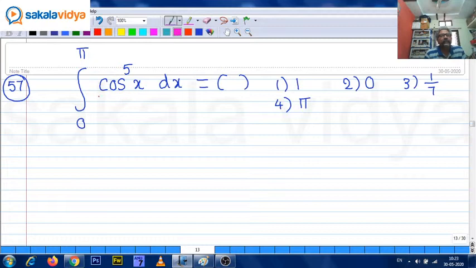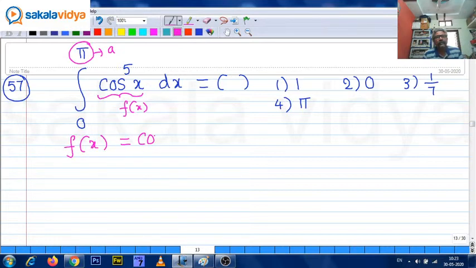See, let us say this is f of x. So this will be a. Now f of x equals to cos x to the power of 5, f of a minus x, pi minus x, cos pi minus x, cos 180 minus theta is minus cos theta.